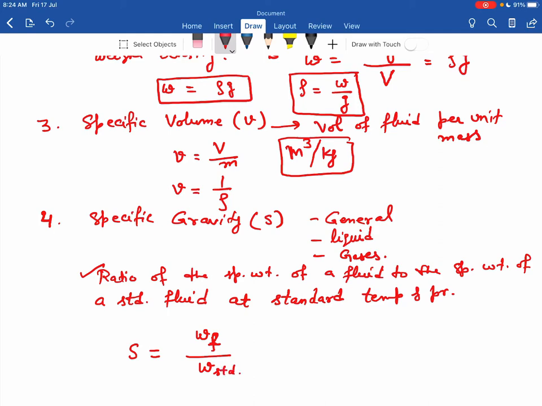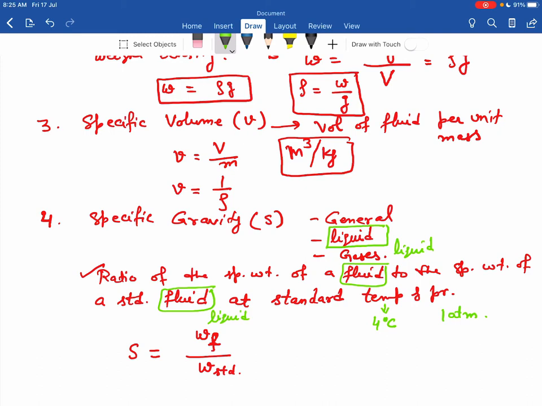Now if we talk about liquid, the definition becomes the ratio of the specific weight of a liquid to the specific weight of a standard liquid at standard temperature. Now for liquid, the standard temperature is 4 degrees centigrade and pressure is 1 atmospheric pressure.